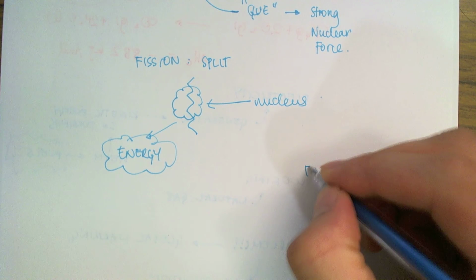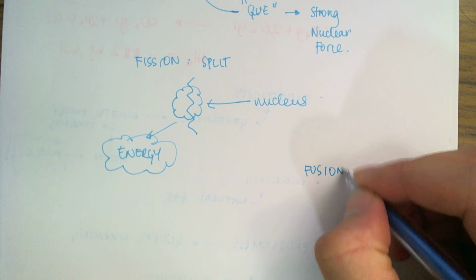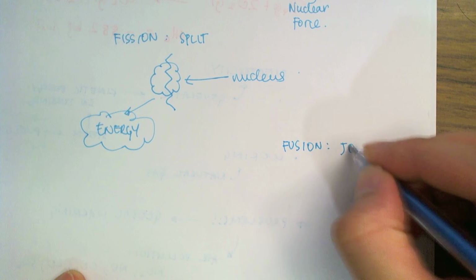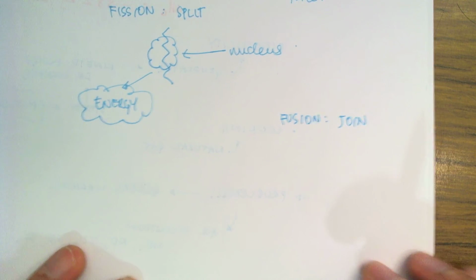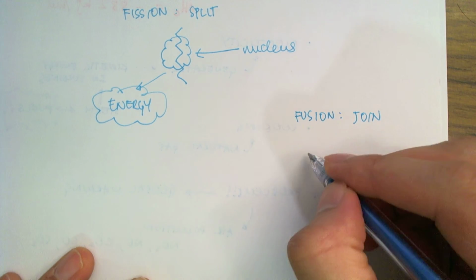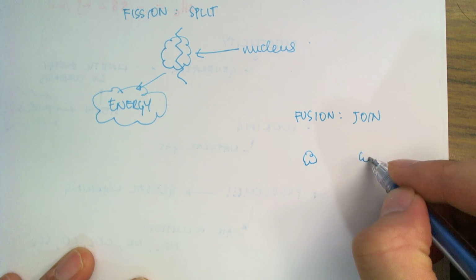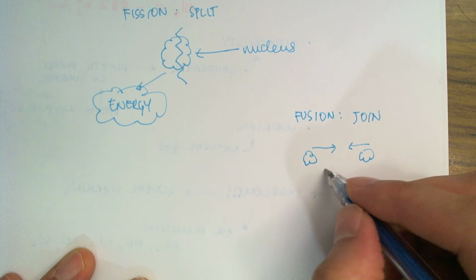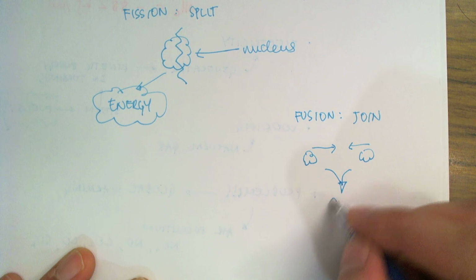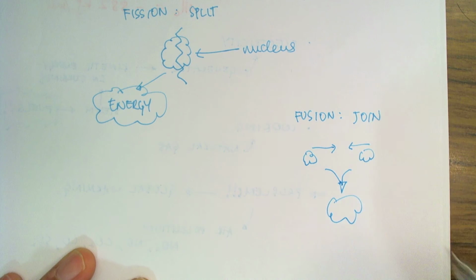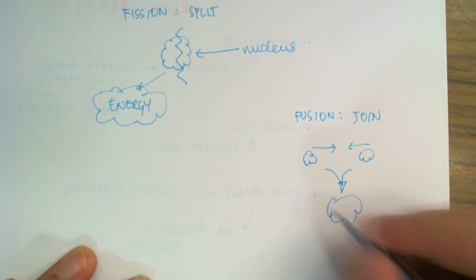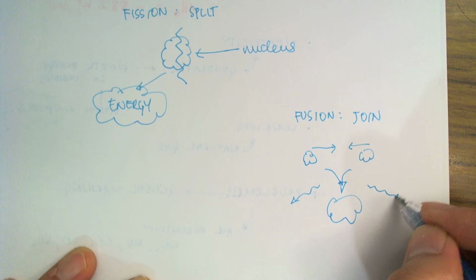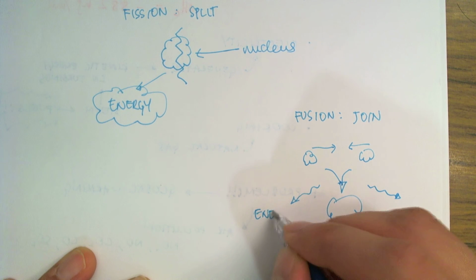Another way we can do it is by something called fusion. And in fusion, instead of splitting atoms, you join them. So you take two small nuclei and you join them into a larger nucleus, and as a result, energy is released as well.